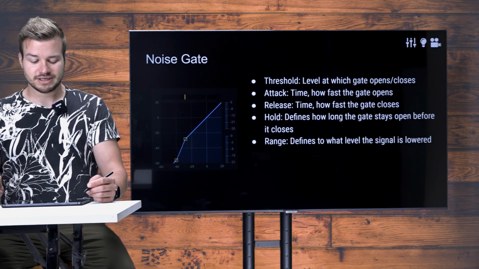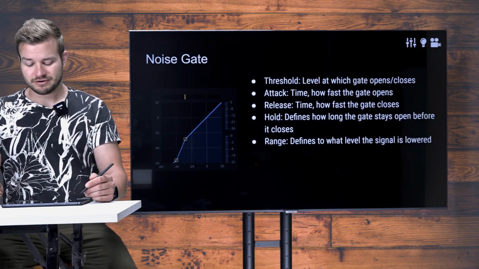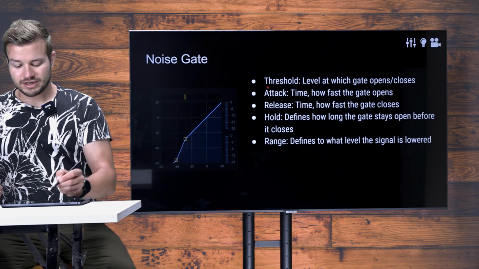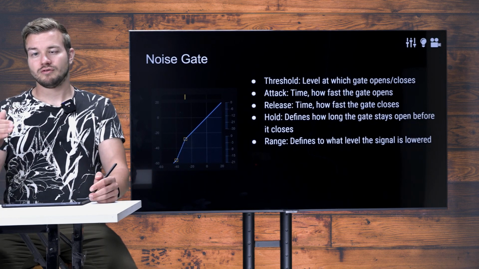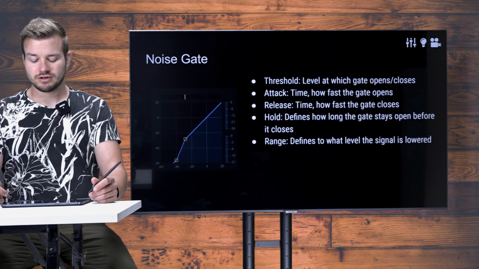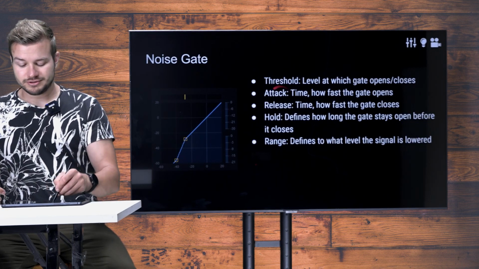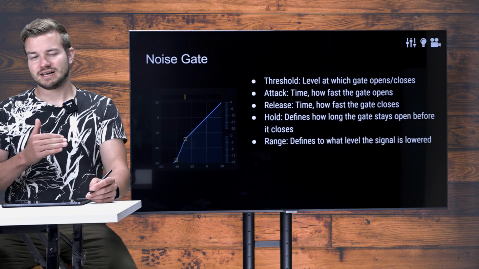Again, here you can see an overview of the noise gate and the different parameters. First we have the threshold. You define below what volume you want to reduce the volume. When we come to these parameters, you always have to think that we start at a closed gate.